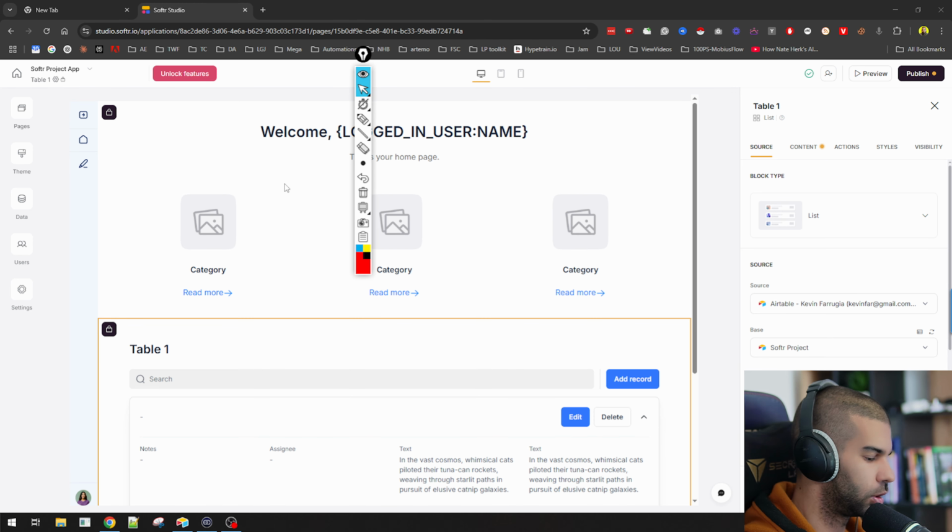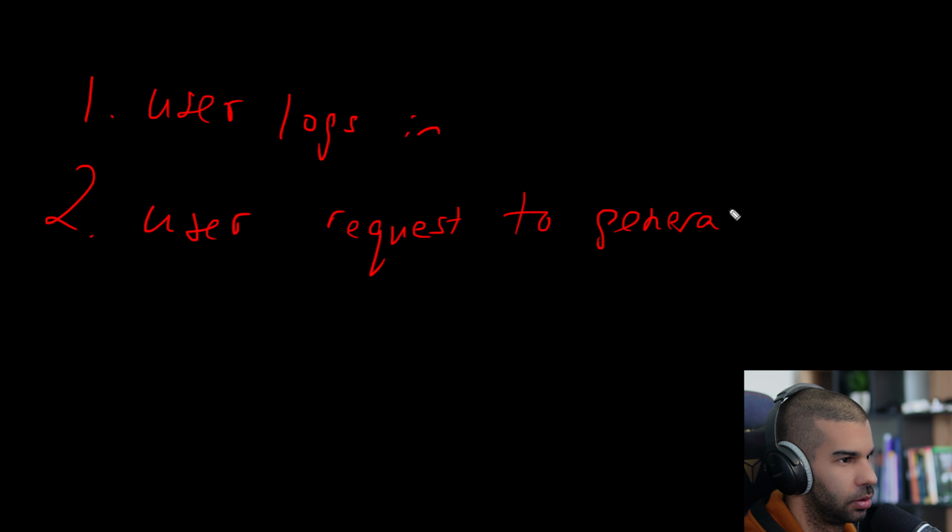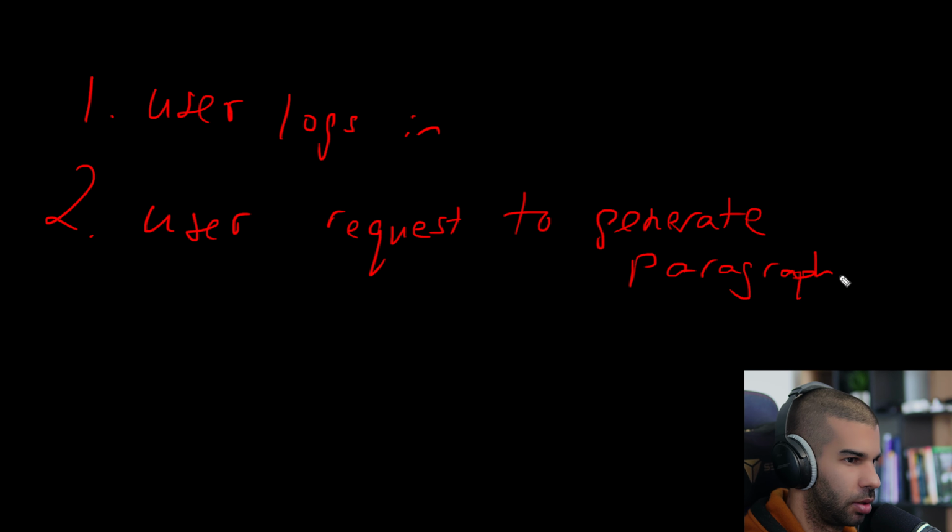So what I want is something like this. Let me just move this here. Essentially, what we want is that number one, the user logs in. Number two, the user can make requests, and as a test case, let's say the user is able to generate paragraphs. Once the user makes that request, there are two options.